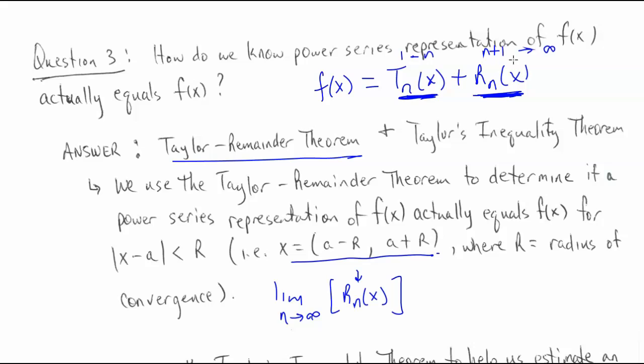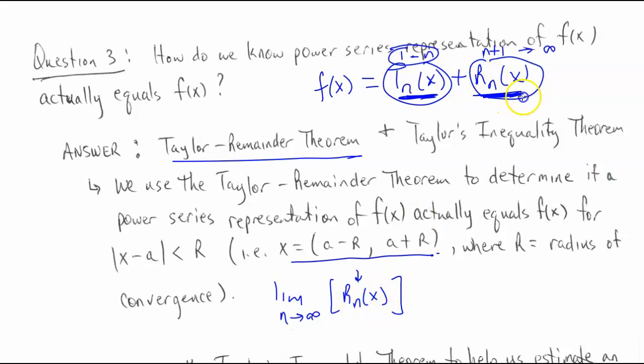So if we're listing out the infinite number of terms for the Taylor series, or in this case, power series in general, we'll just take the first n terms here, and they'll look like this. The n plus 1 on to infinity, they'll look like that.